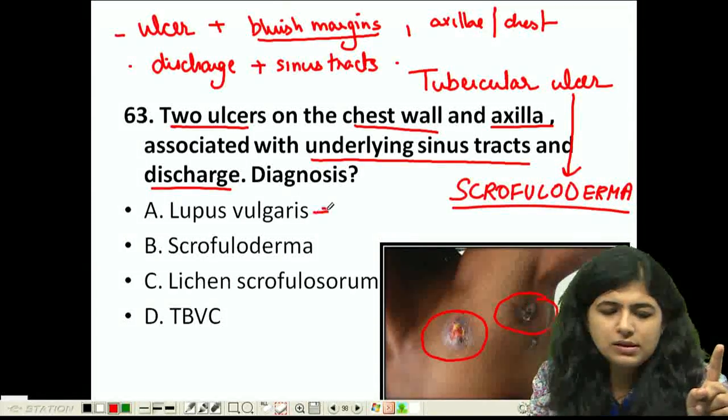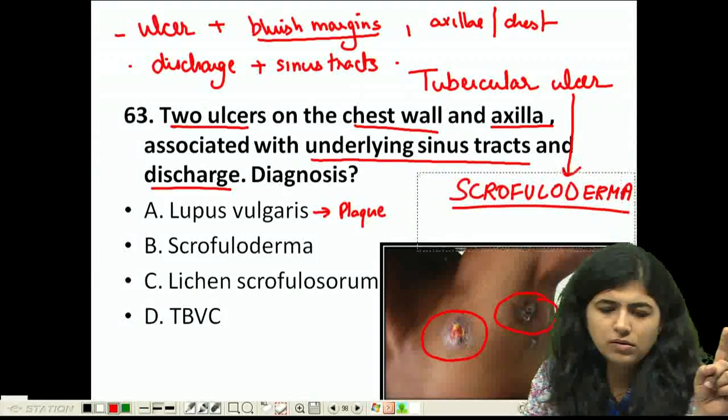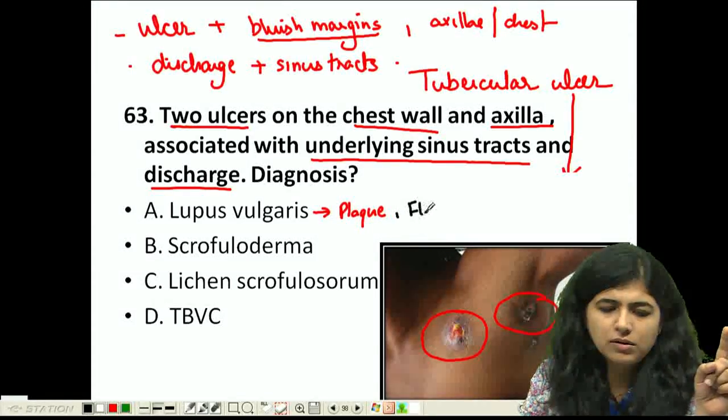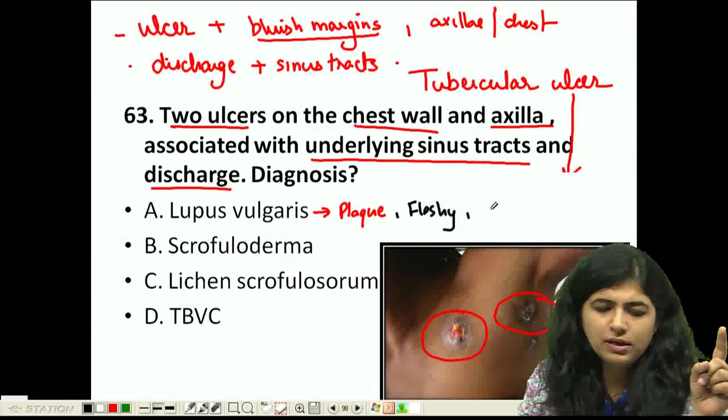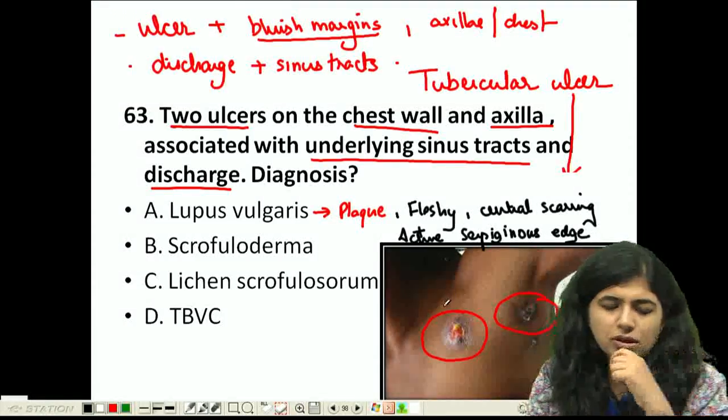Lupus vulgaris is more of a plaque. It is more of a plaque which is fleshy, which has central scarring and an active serpiginous edge, right?